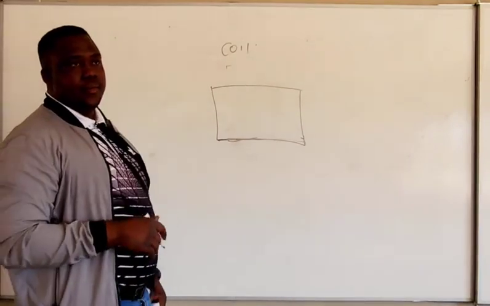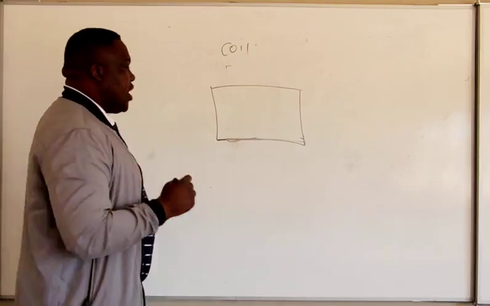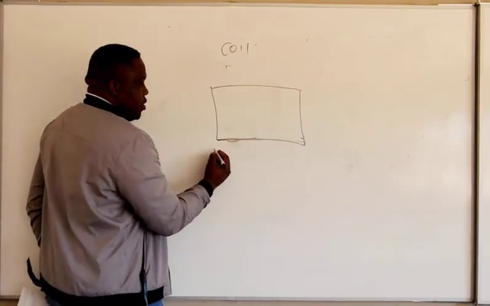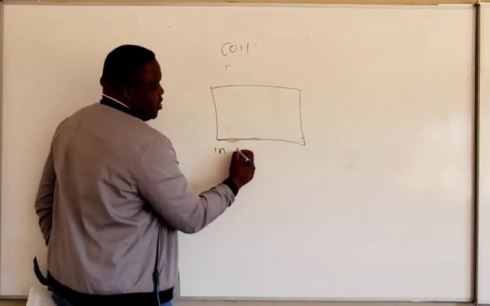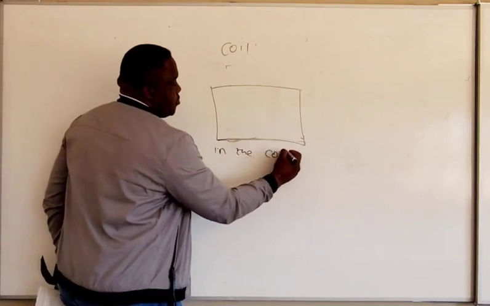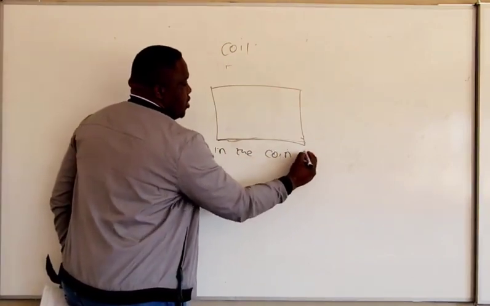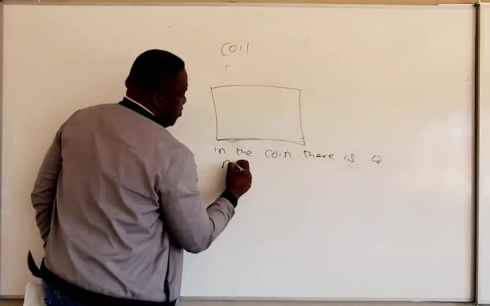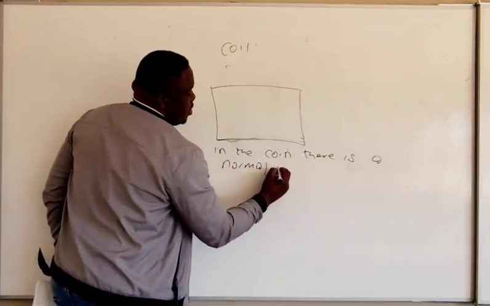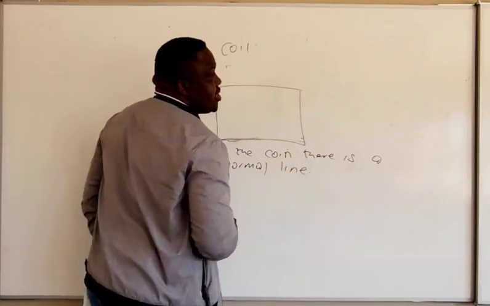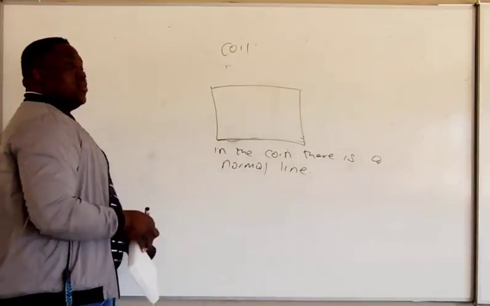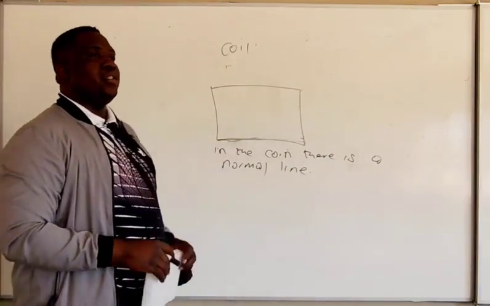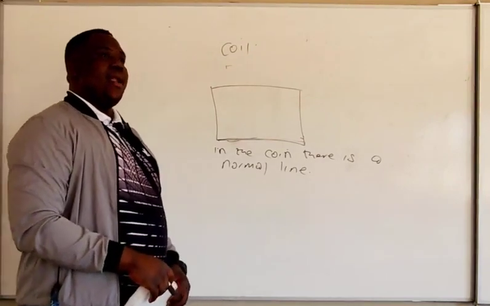Okay. You need to know that in the coil there is a normal line. It all starts there. You need to know that in a coil there is a what? A normal line.